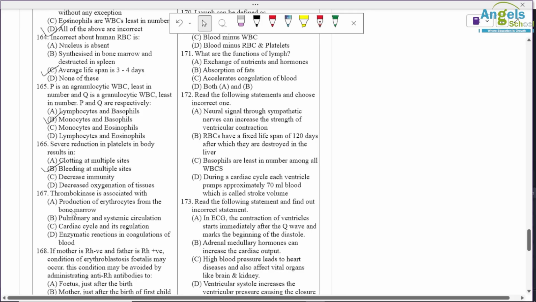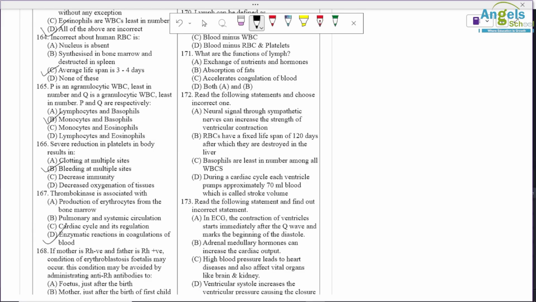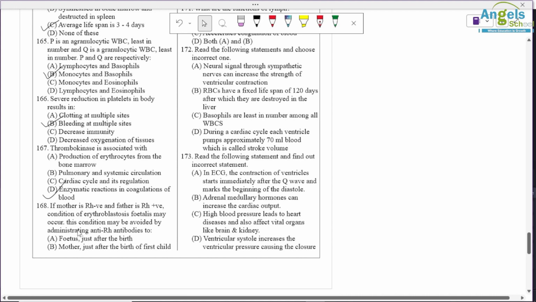Question number 167. Thrombokinase is associated with? So it is associated with coagulation of the blood. D option is correct. If mother is Rh negative and father is Rh positive, the condition of erythroblastosis fetalis may occur. This condition may be avoided by administering anti-Rh antibody to the mother just after birth of the first child.